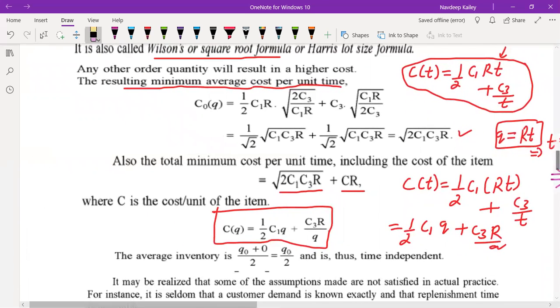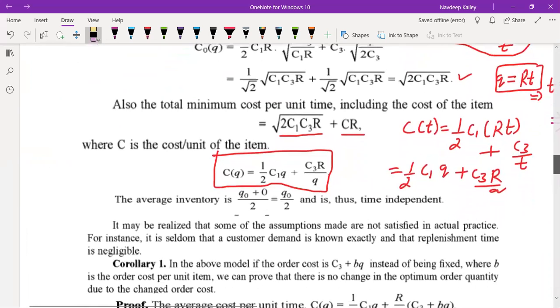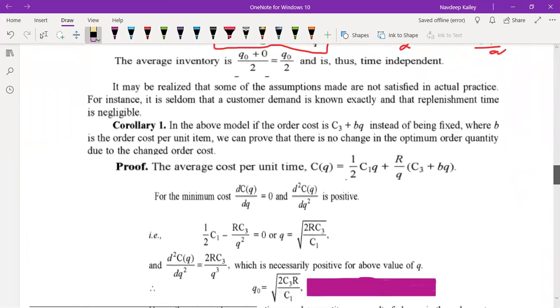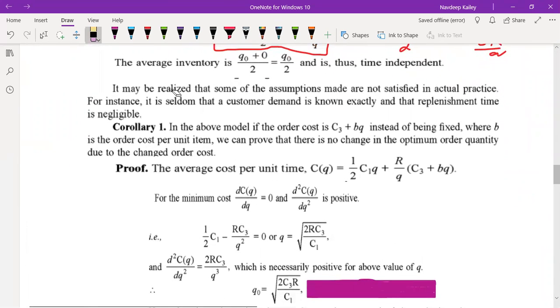Now, it may be realized that some of the assumptions made are not satisfied in actual practice. For instance, it is seldom that customer demand is known exactly, but replenishment time is negligible.